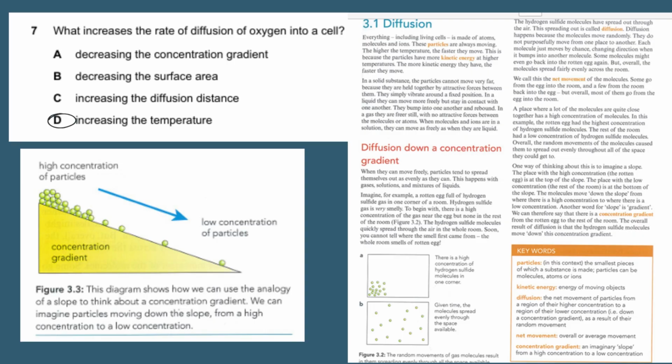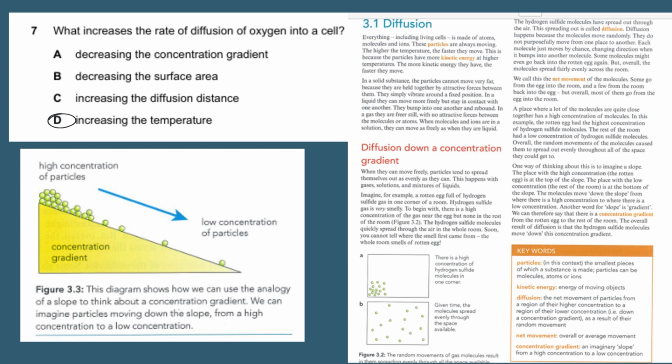No. If surface area affected it, it would be osmosis, because surface area affects a partially permeable membrane. Next, increasing the diffusion distance. No, definitely the distance shouldn't affect it.